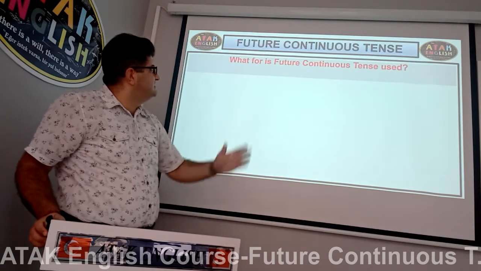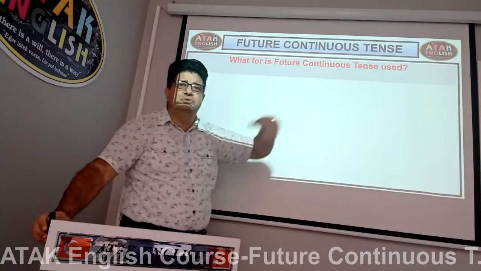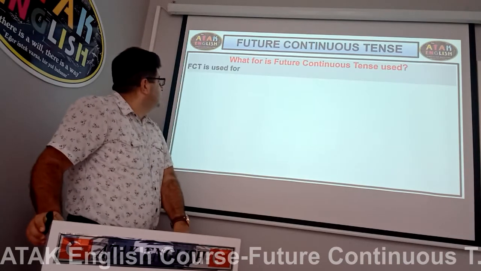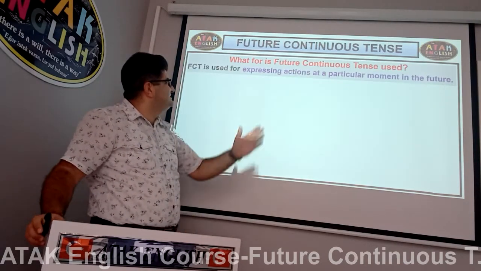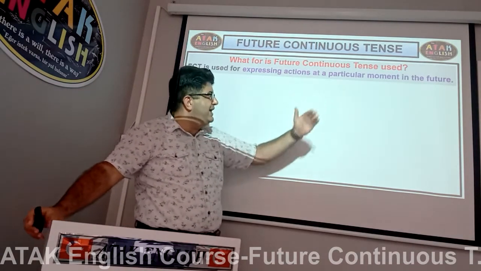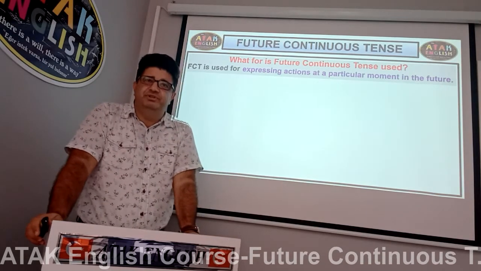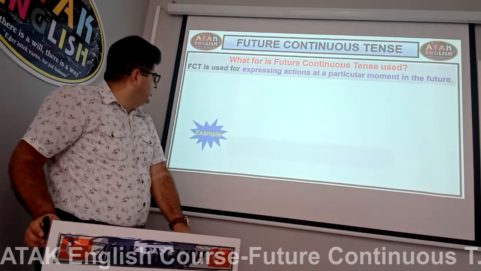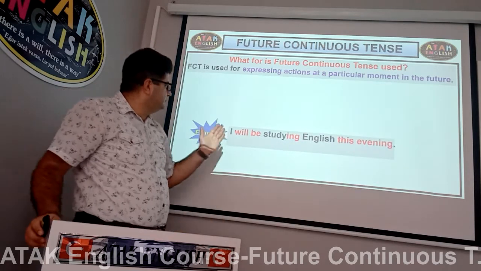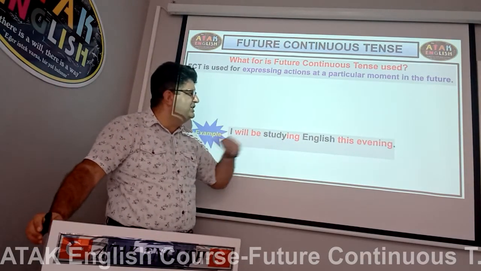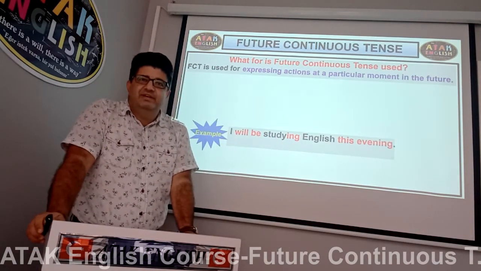What is future continuous tense used for? It is used for expressing actions at a particular moment in the future. Here comes our example. I will be studying English this evening.